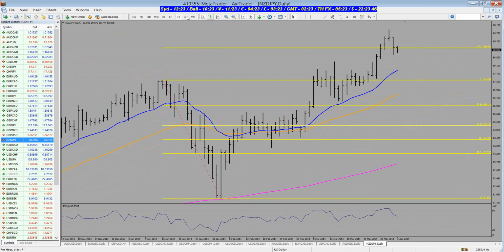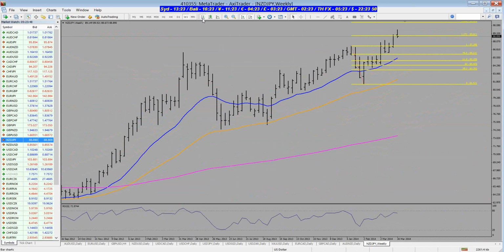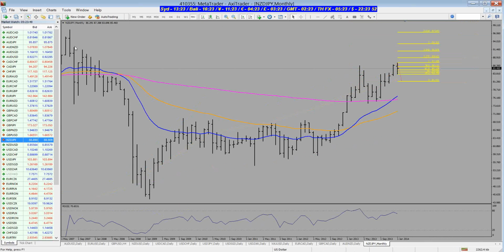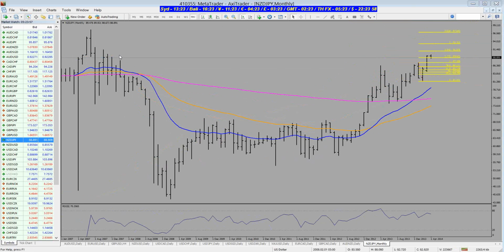We need to see a strong horizontal up here. Do we have a strong horizontal up here? Reasonable one. It's not huge strength. In fact, what am I doing on this? Let's get an E signal. I'll get more data.